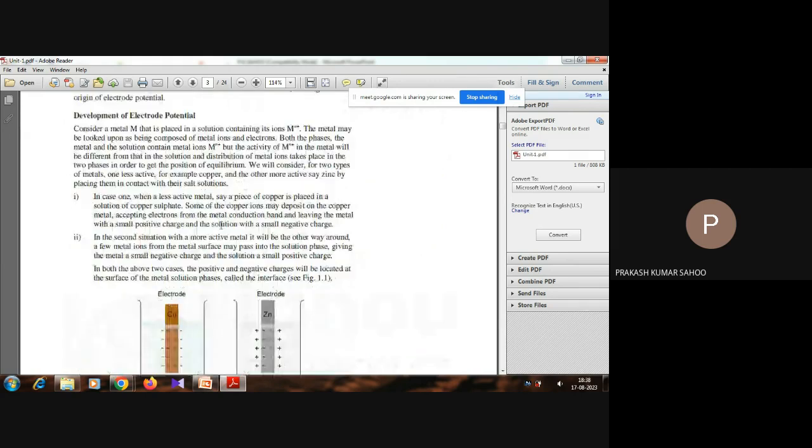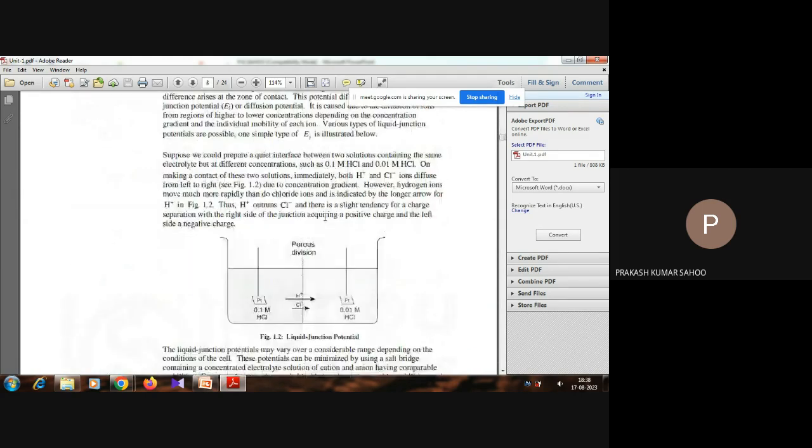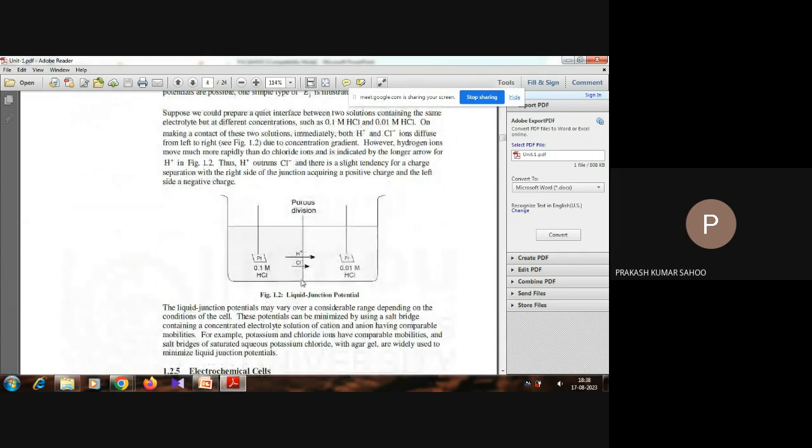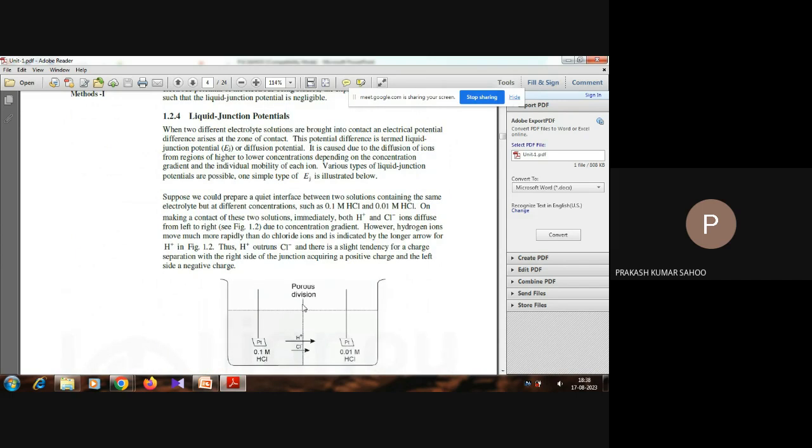Then electrode potential we already discussed. Then we have liquid junction potential. When the anodic half cell and the cathodic half cell are in contact, there is a zone of contact where the movement of ions is from higher concentration to lower concentration.